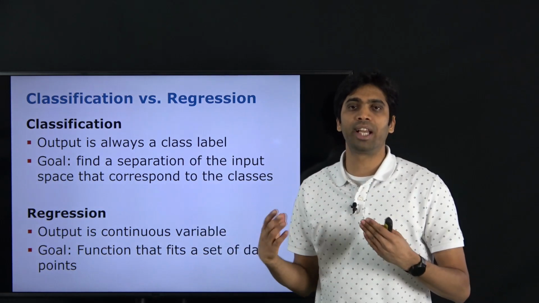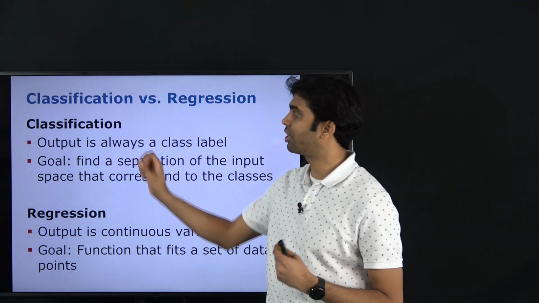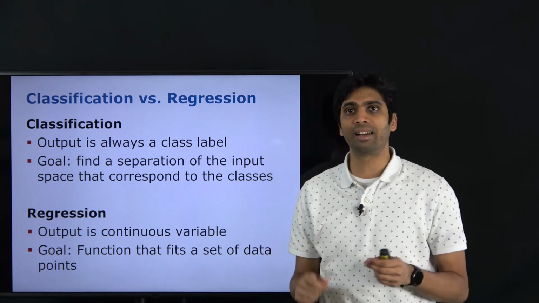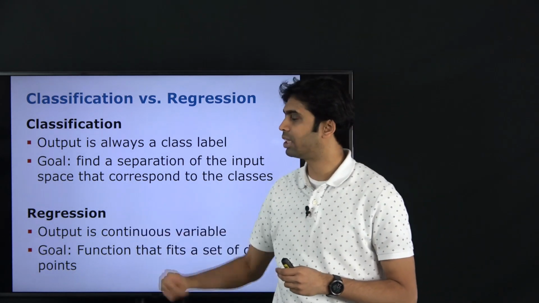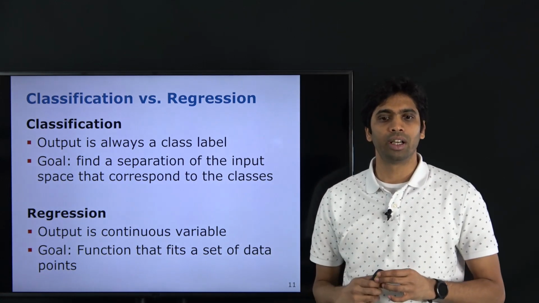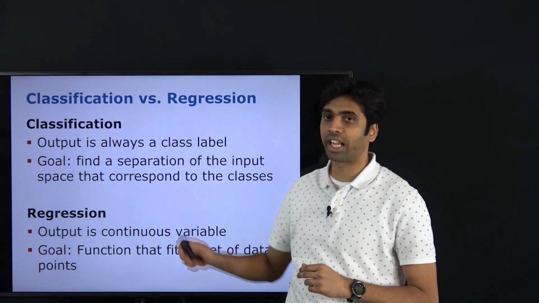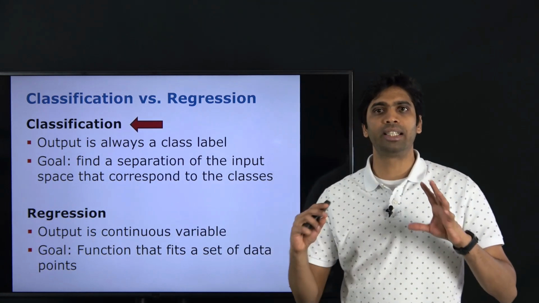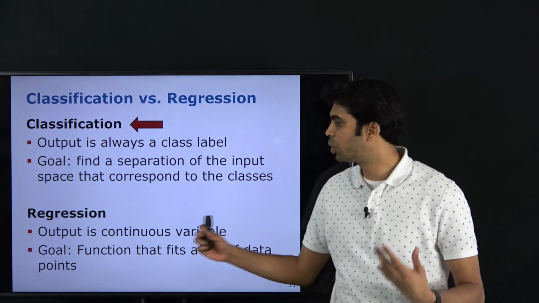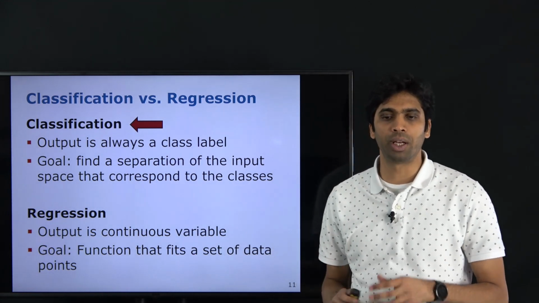So in this way, the distinction is not that clear, but whenever you come across the term classification, the hint is that the output is a discrete class, whereas if you come across the term regression, the output is most likely a continuous variable. And in today's lecture, we'll primarily focus on the classification problem. However, the concepts that we will see here are quite general and also work for regression problems as well.